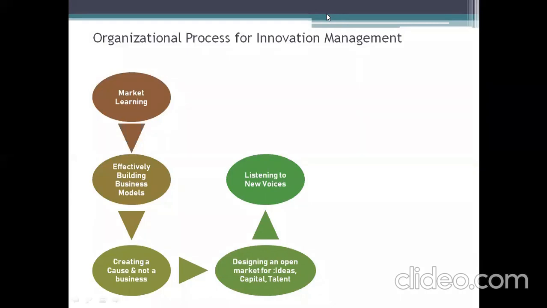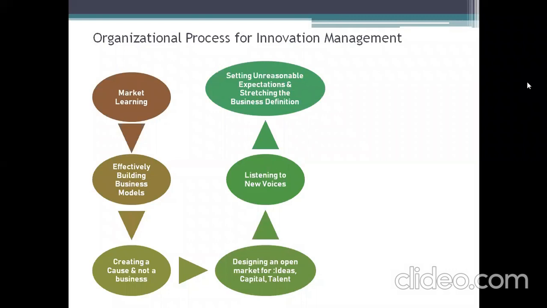The next point is setting unreasonable expectations and stretching the business definition. Definitely we have decided the working area and the boundaries of which particular region, which particular product, and which particular industry we will work with. That has to be nullified when we are talking about innovation.